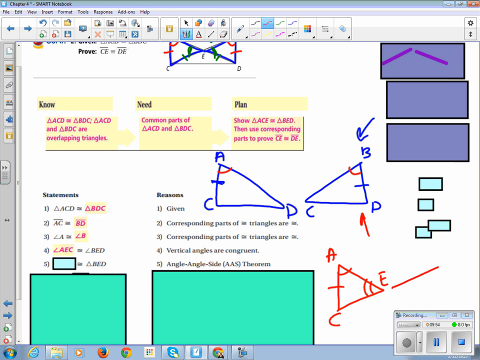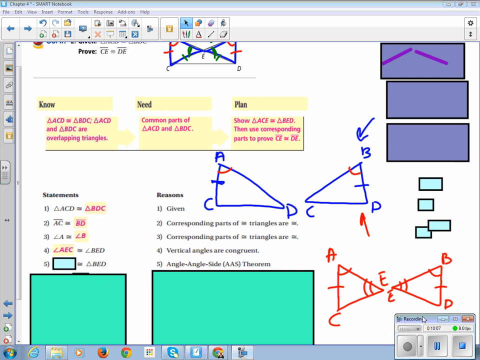And then this one. So we can see that these two triangles here, by angle, angle, side, triangle BED is going to be congruent to triangle AEC by angle, angle, side theorem.